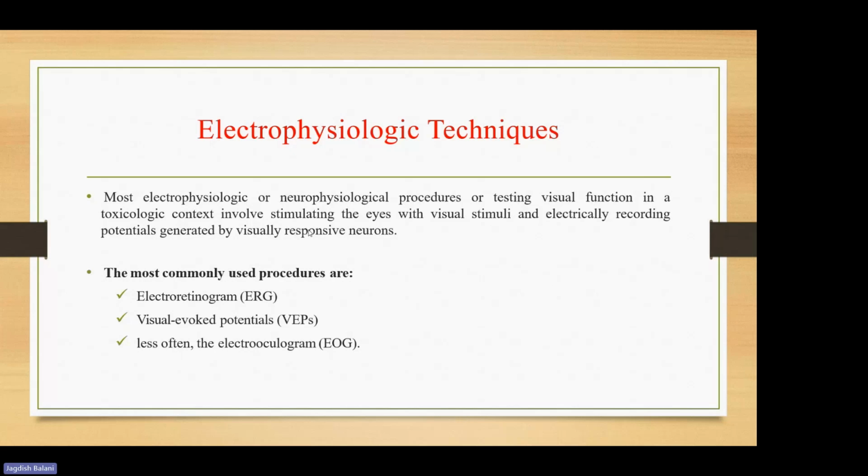ECG is conducted for the cardiovascular system, while for the ocular system it is EEG, and some others are also available. So these physiological techniques are used to understand any toxic response in the retina or other parts of the ocular system. So electroretinography is there, visual evoked potential is there, and the electrooculogram is used very less often.